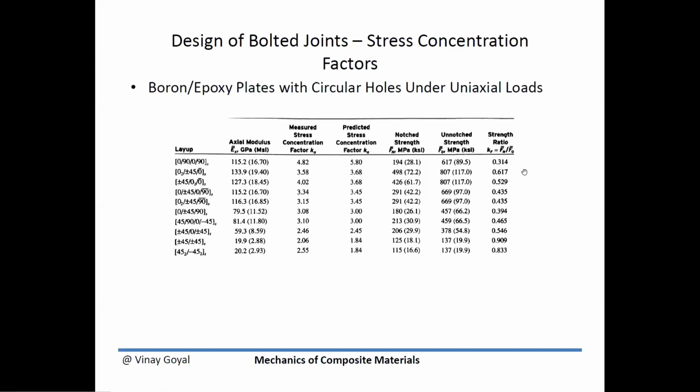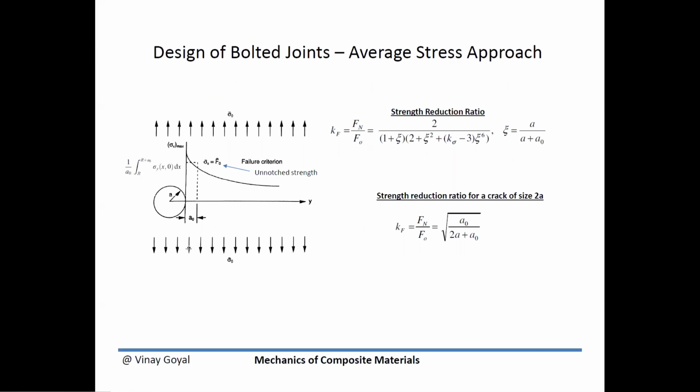Another thing I want to point out is the unnotched strength is also impacted by the ply layup. So all these things are interrelated and should be considered in the analysis or in the design of the bolted joint. Here's an idea that can be discussed.